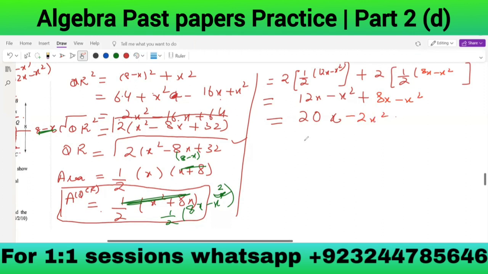So 20x minus 2x square is the area of all 4 small triangles. And now what is the area of the big triangle?